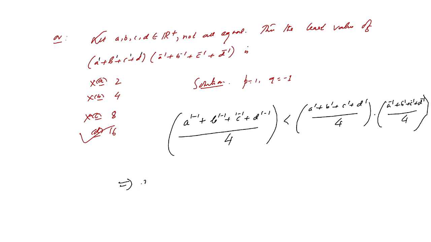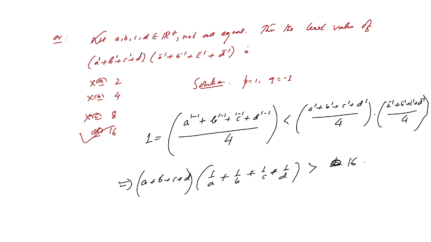So it will be (a plus b plus c plus d) multiplied by (1 by a plus 1 by b plus 1 by c plus 1 by d). That value is greater than 16, because this is 4 by 4, it will be 1. So greater than 16.